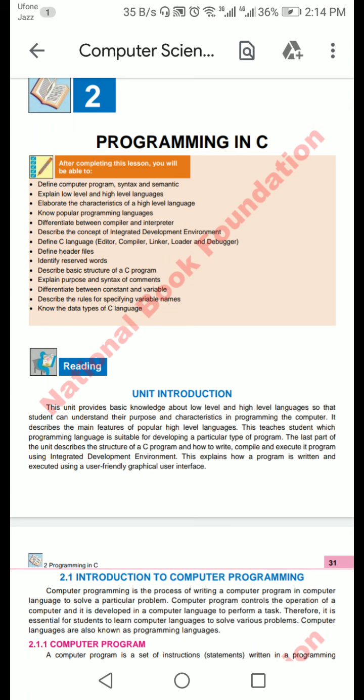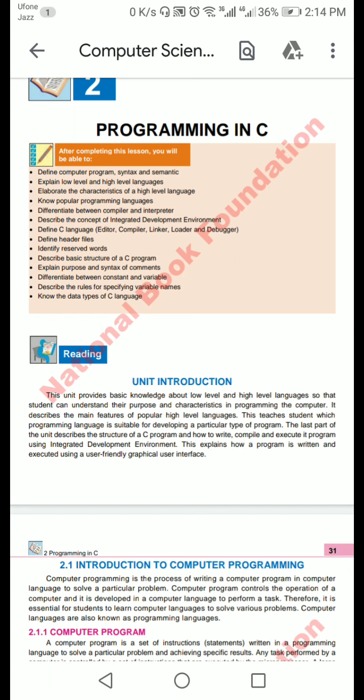Now we are going to start our new chapter, chapter number 2, related to programming. Dear student, I would like to explain about programming and start with an introduction. What is programming? What are programs? What is syntax? What are high level languages?